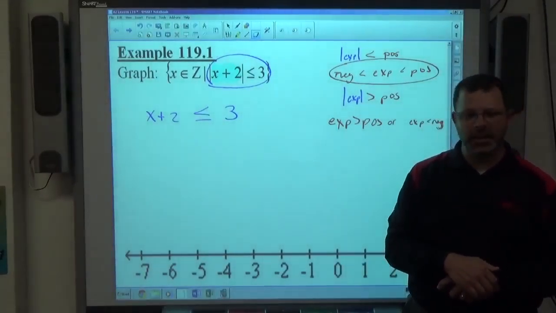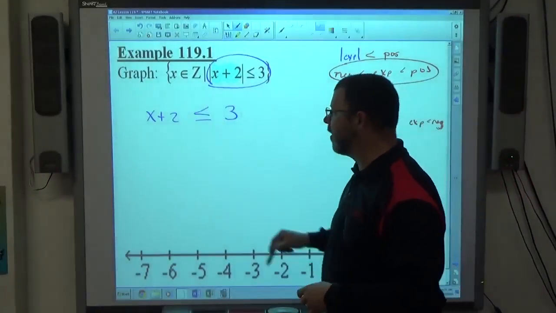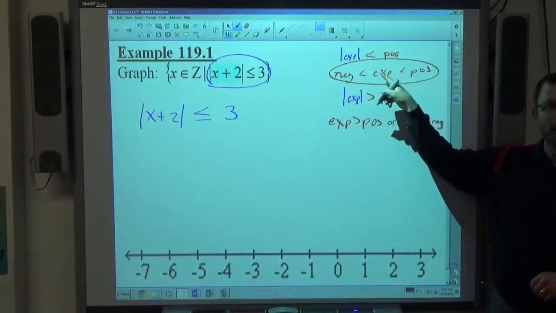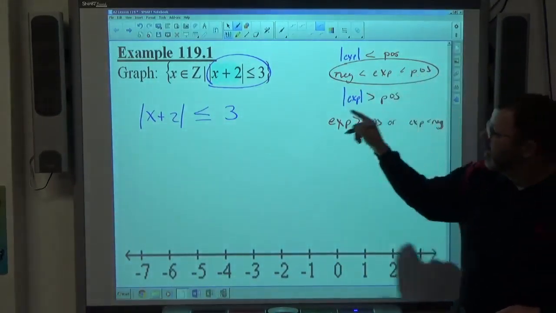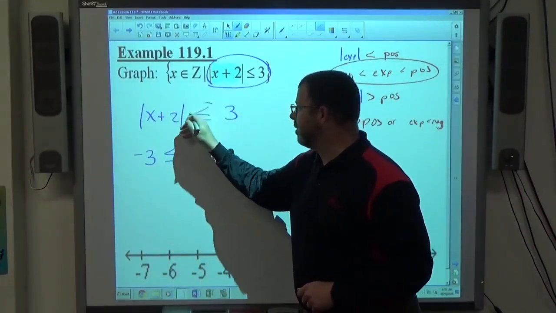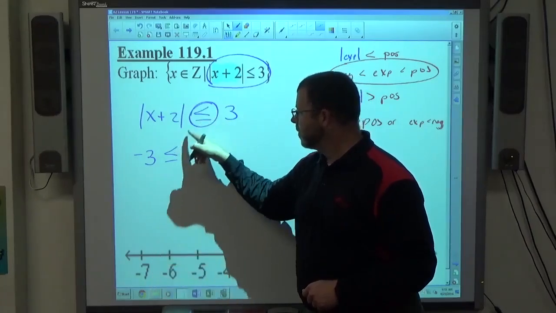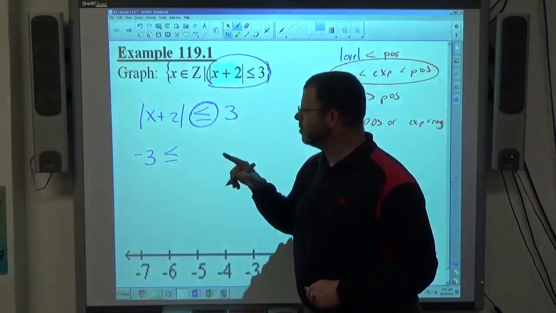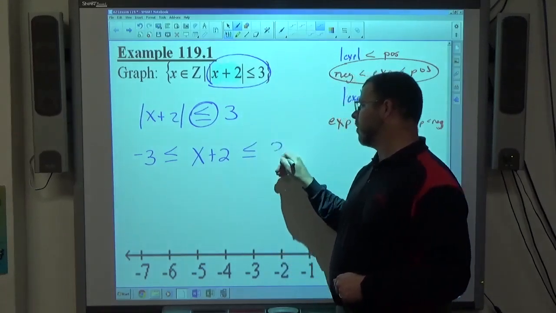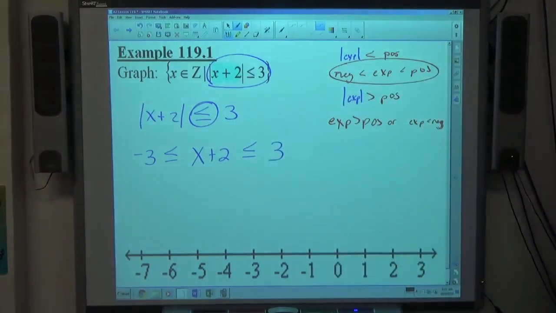That's illegal. You can't just say, I don't like absolute value bars, so go away. That's not legal. This is the legal way to make them go away. Whatever this number is, make it negative, less than or equal to, same symbol. If it has the equals, put the equals. If it doesn't, don't. Then the expression without the bars, less than or equal to, then the positive number. That's how you make the absolute value bars go away legally.